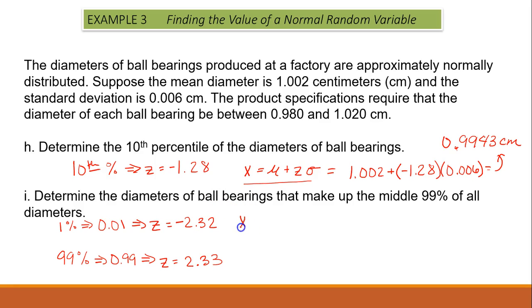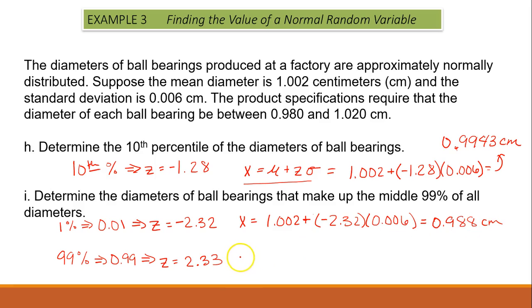So for this one, our x is going to equal the mean plus the corresponding z-score times the standard deviation, and that equals 0.988 centimeters.